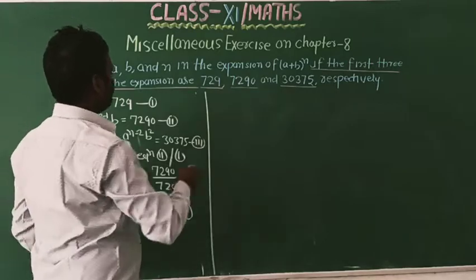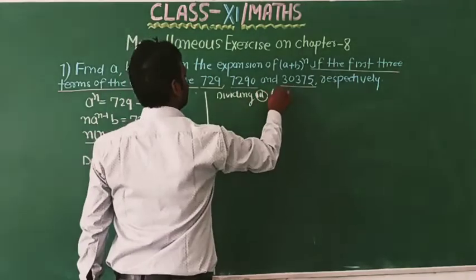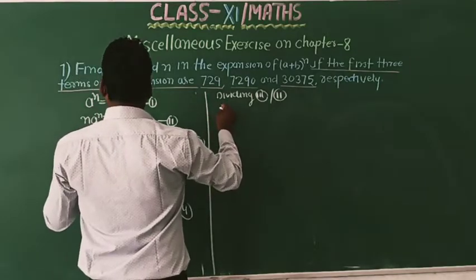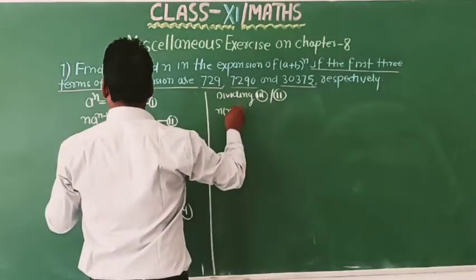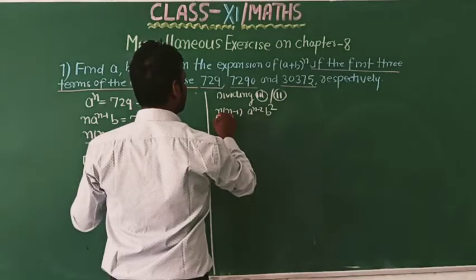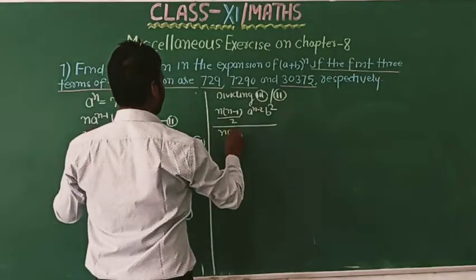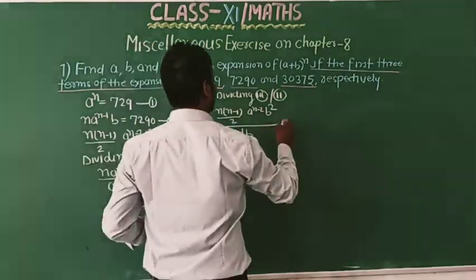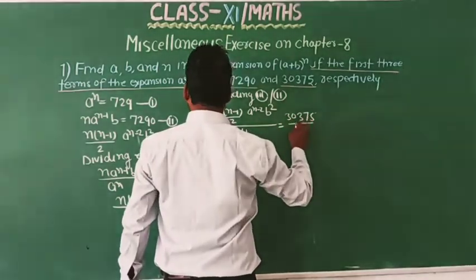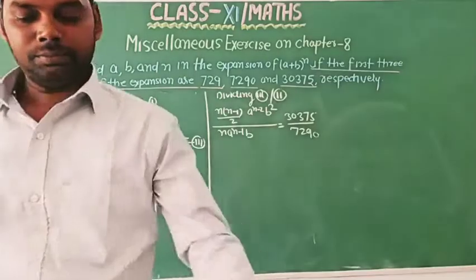And dividing equation 3 by equation 2, then n(n minus 1) a to the power n minus 2, b to the power 2 by 2 upon n a to the power n minus 1, b equal to 30375 divided by 7290.